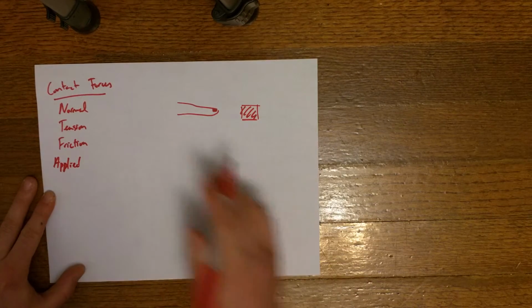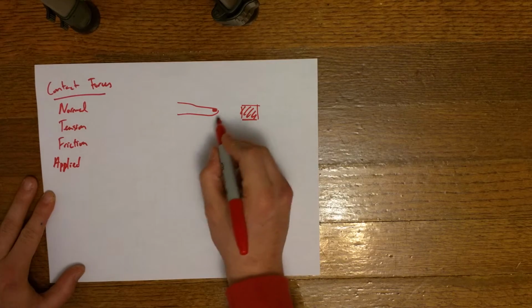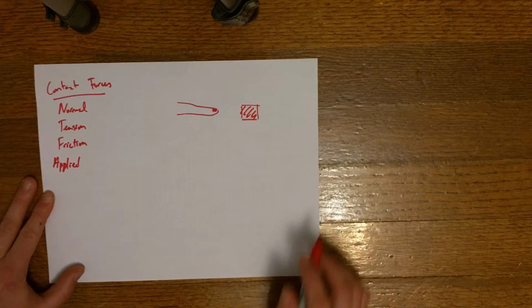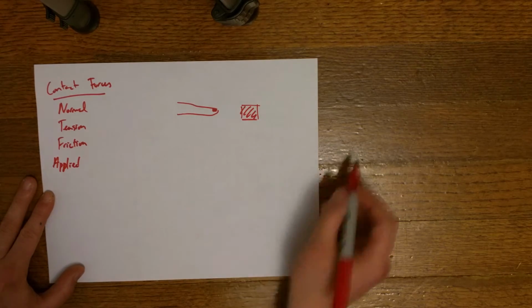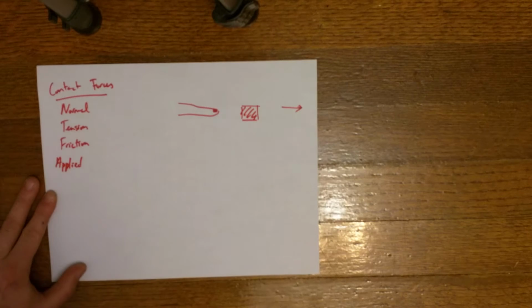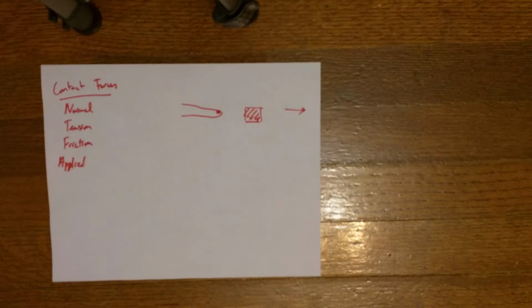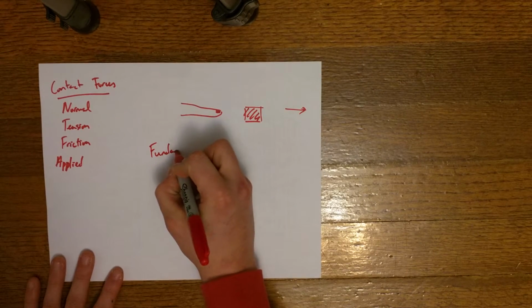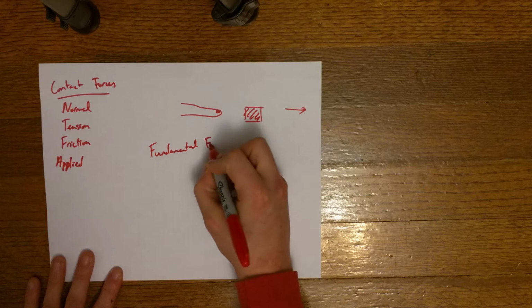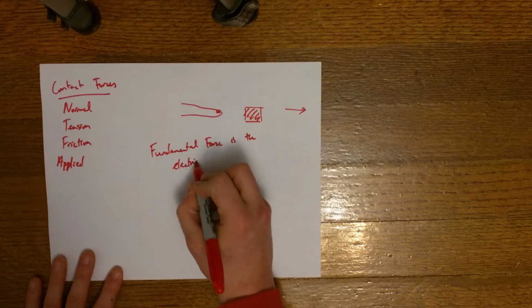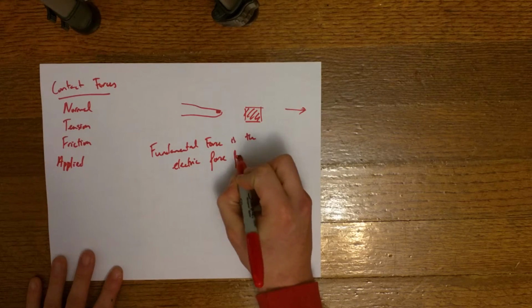When I go to push this block, the electrons in my finger are pushing against the electrons in the block, and those two are repelling each other, causing this acceleration of the block to go in that direction. So the fundamental force for all of our contact forces is the electric force.